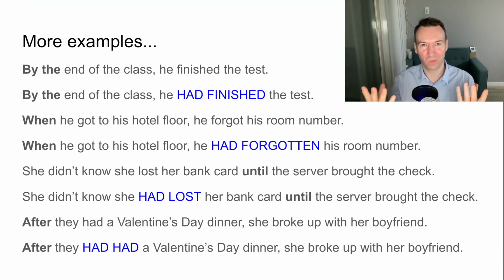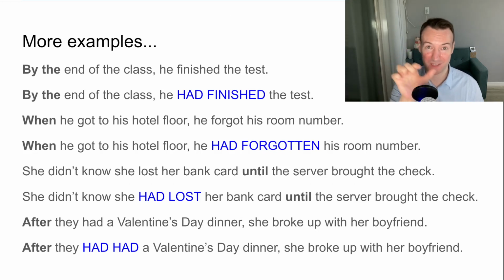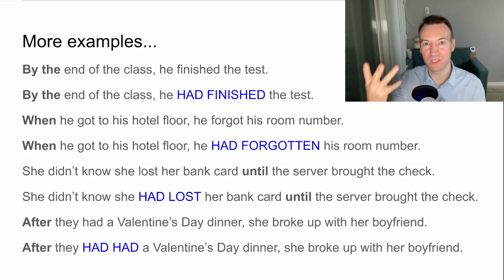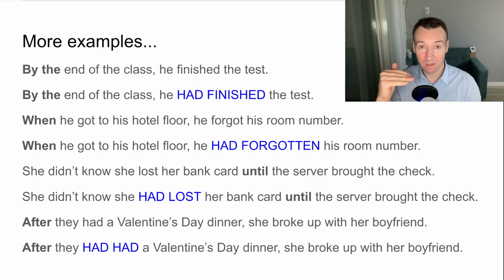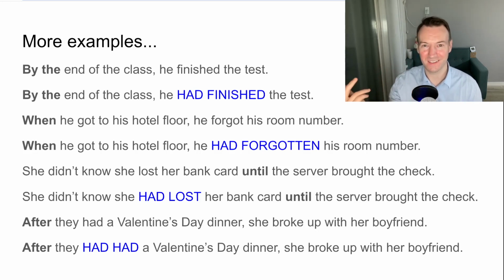And so one way that we can avoid the strangeness is the pronunciation. We're not saying exactly the same sound twice. So it's not "had had." The first one gets reduced. We use a schwa kind of sound. So, "they had had a Valentine's Day dinner."